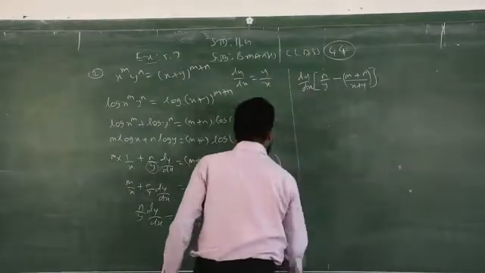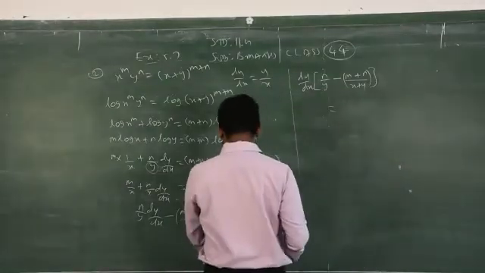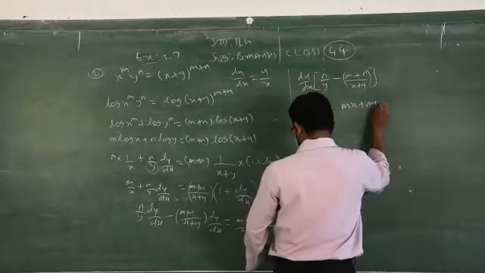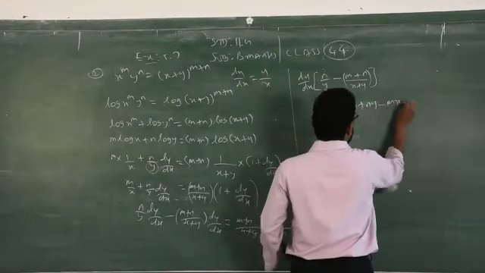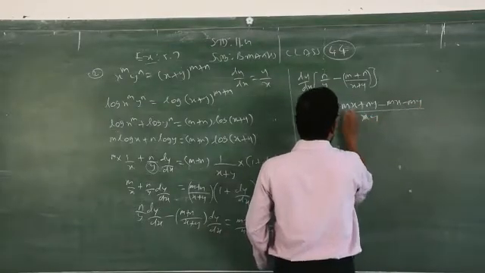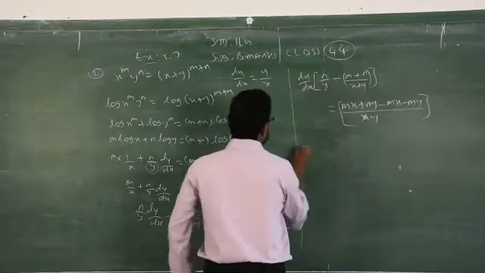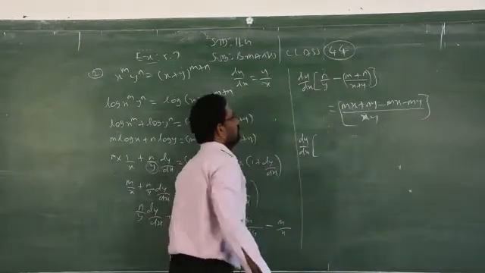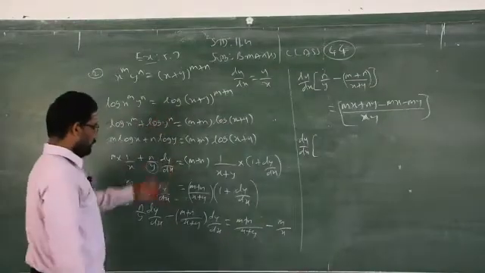On the left side you apply the cross multiplication, that is mx plus ny minus mx minus my by xy. That's all. So now dy by dx, apply the cross multiplication in the same way.